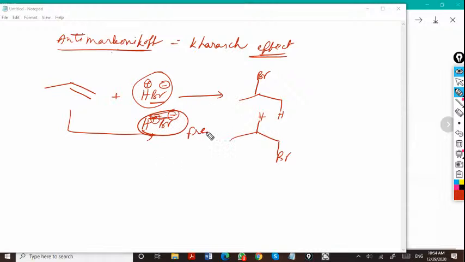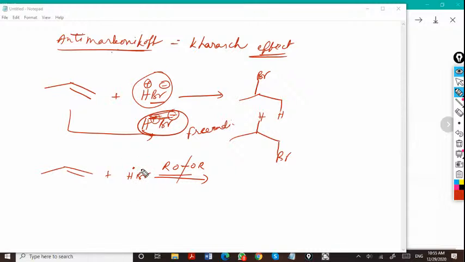At the reaction level, we have the same starting material, an unsymmetrical alkene, and the same unsymmetrical reagent, but in the presence of peroxide. Initially, radicals are going to form, so H radical and Br radical.